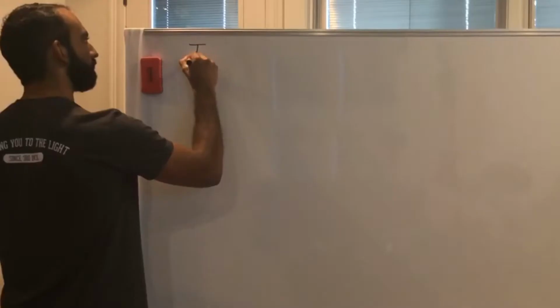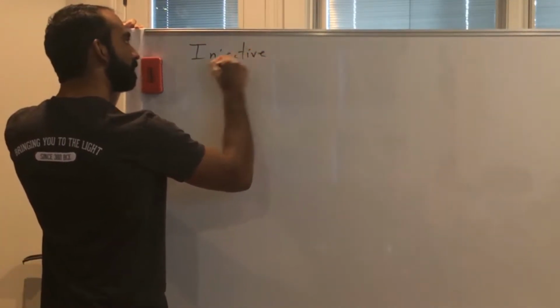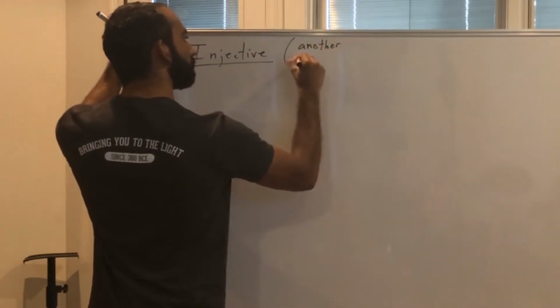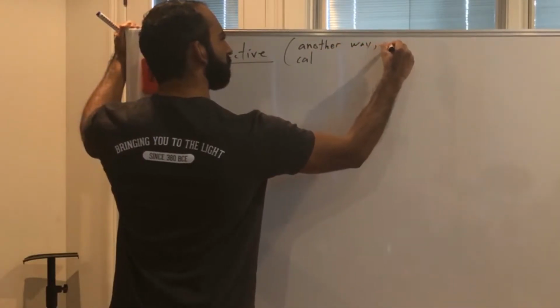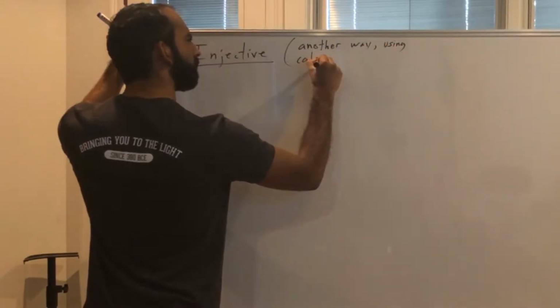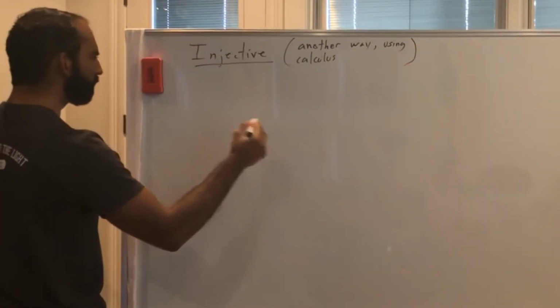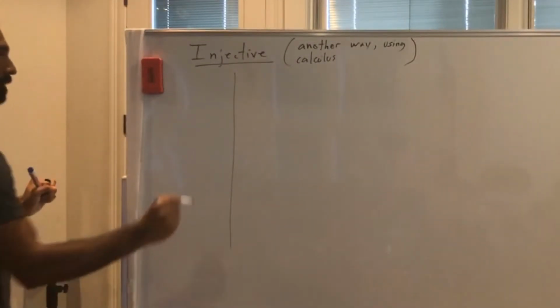So, in your notes, one more account of injectivity using calculus. Is like so. So I'll put the graphs on the board just to start, but you don't need a graph to do this process.